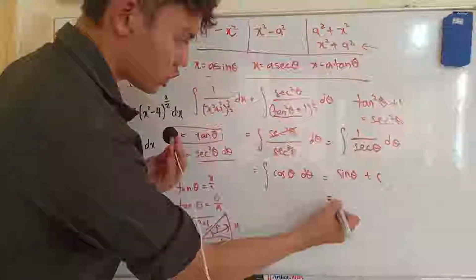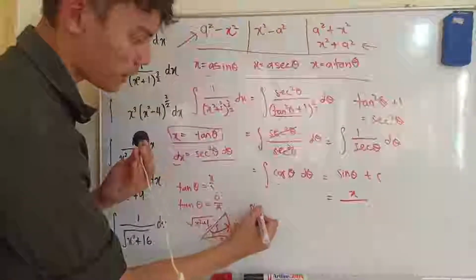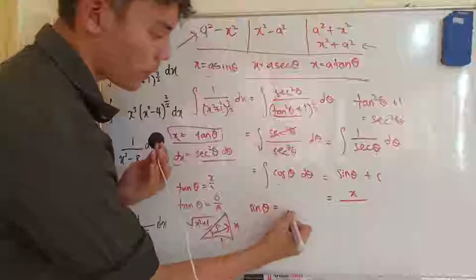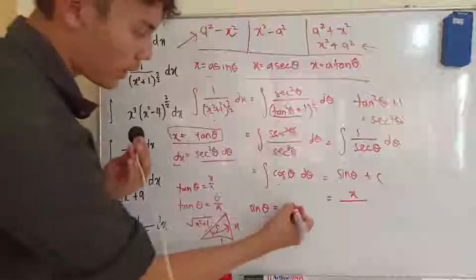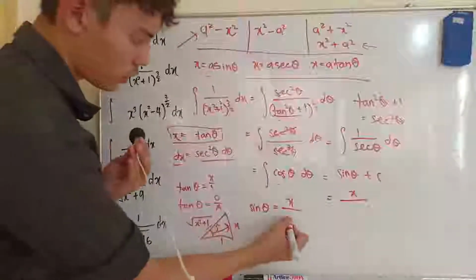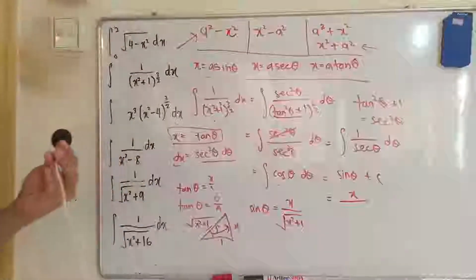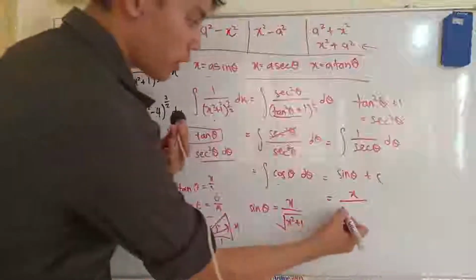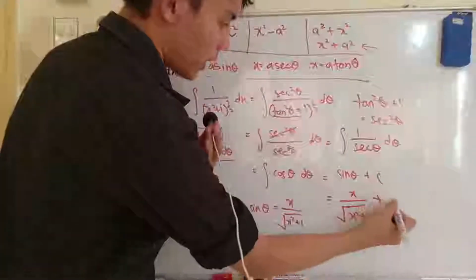So you're just going to change over here: your sine is going to be opposite, which is your s, over the hypotenuse, which is the square root of s square plus 1. So you're going to have here s over the square root of s square plus 1, plus c.